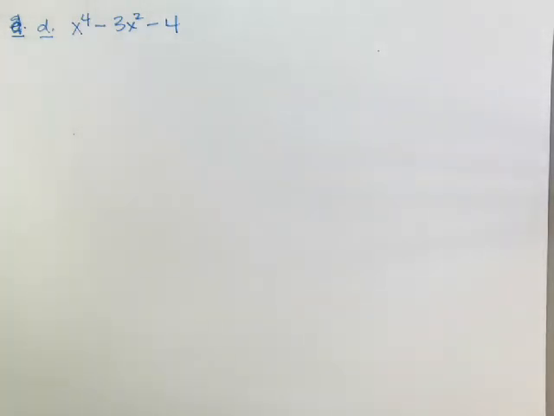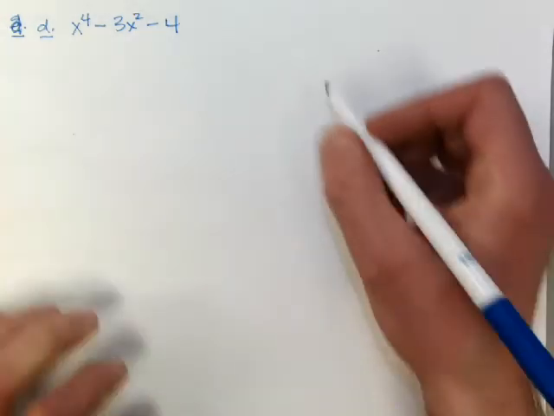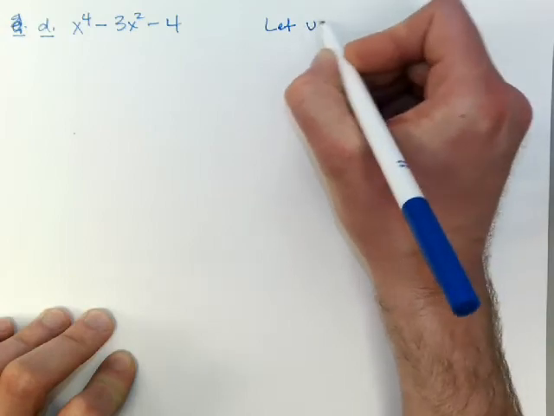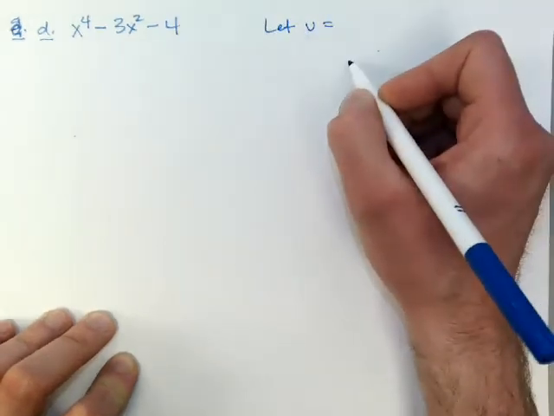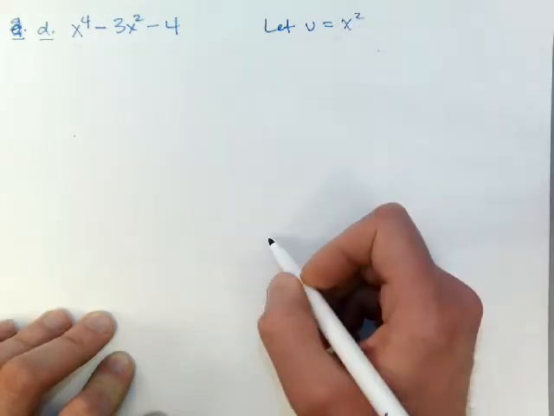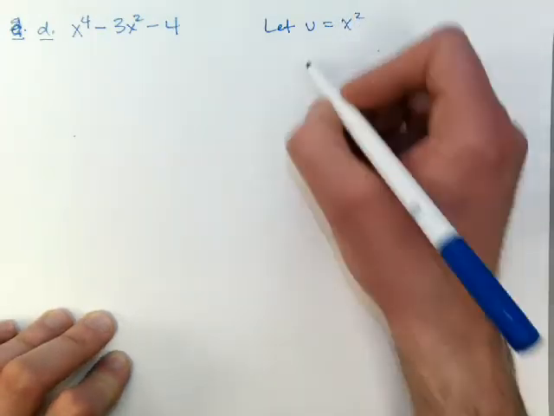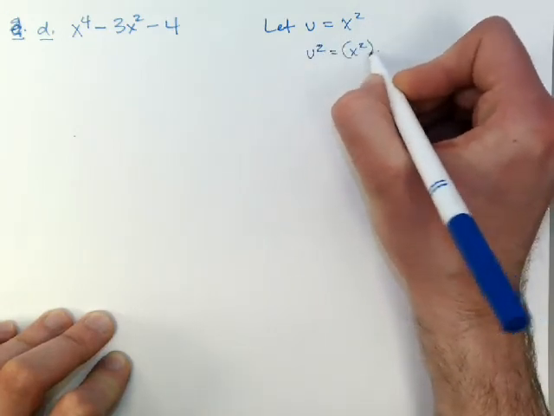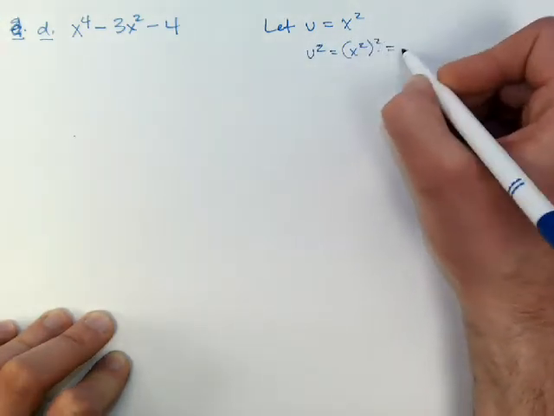So here's that substitution trick that we talked about a little bit before. Let's see what happens if we define a new variable u and let u be equal to x squared. Okay, so then notice that if I square u, that's x squared squared, which we know is x to the 4th.